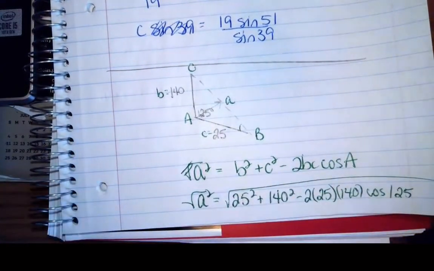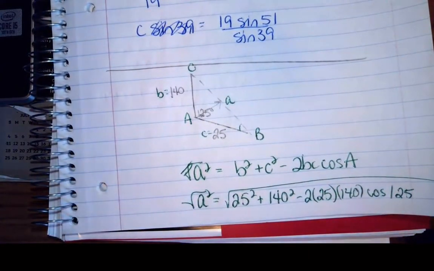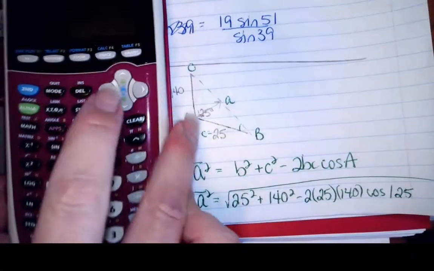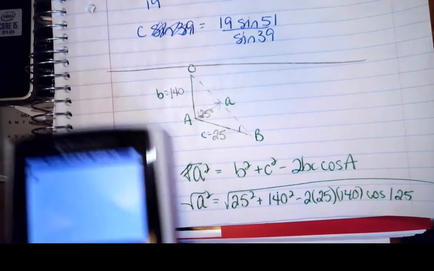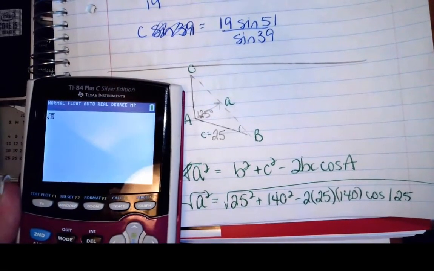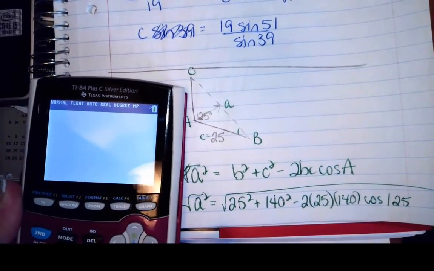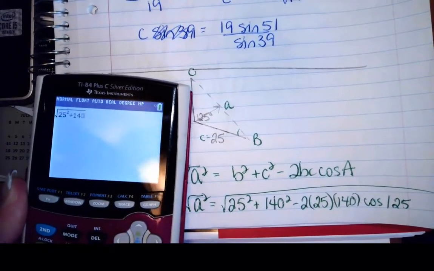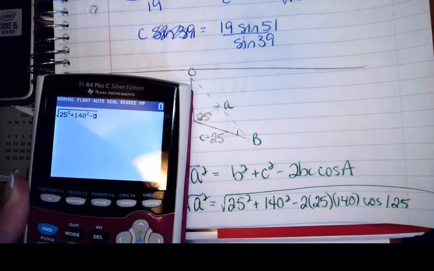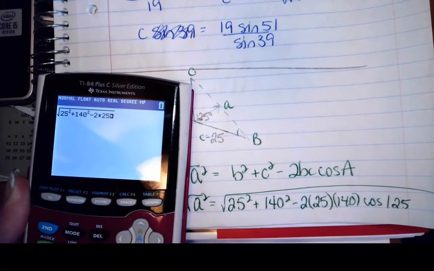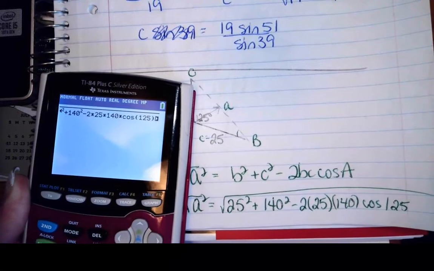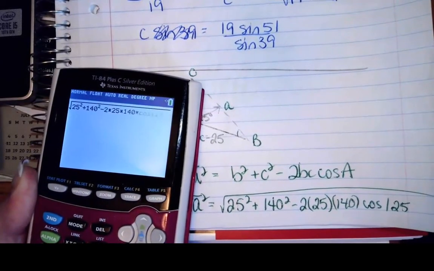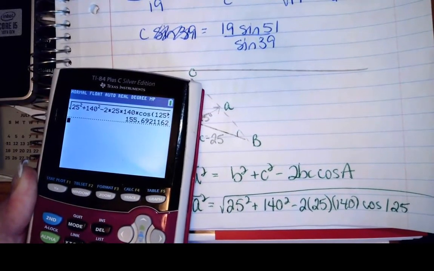And now I can take the square root of both sides. So what I end up with is the square root of 25 squared plus 140 squared minus 2 times 25 times 140 times the cosine of 125. Reading over, making sure I entered it right, and I get 155.69.